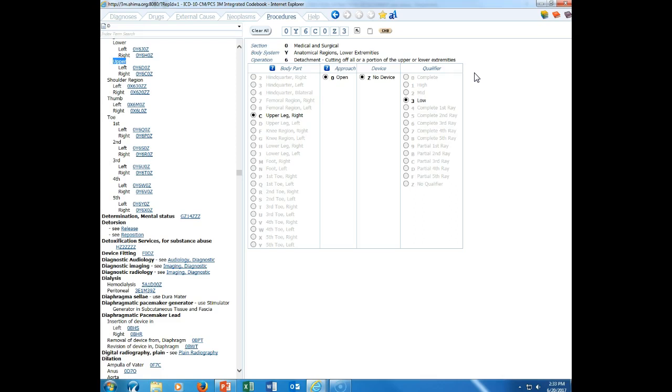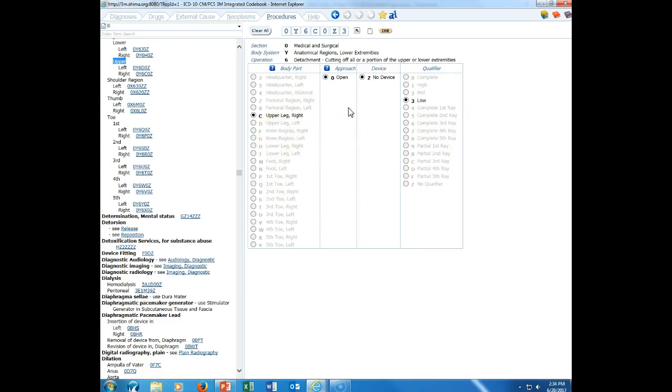No, they assigned low. I would probably actually assign mid because above the knee is more of the middle part of the, well, it's the upper leg. It's not the lower leg. It's the upper leg, and it's the lower part of the upper leg. So that does make sense. So I retract what I said. It's the lower part of the upper leg since it's just above the knee.